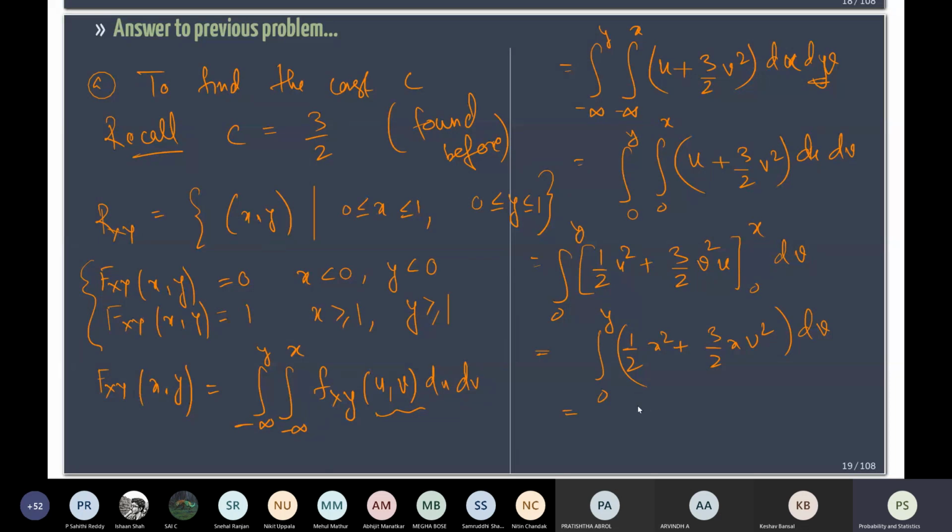Then after integrating it out, I get x squared y plus half x y cubed. So this is the CDF of x and y.